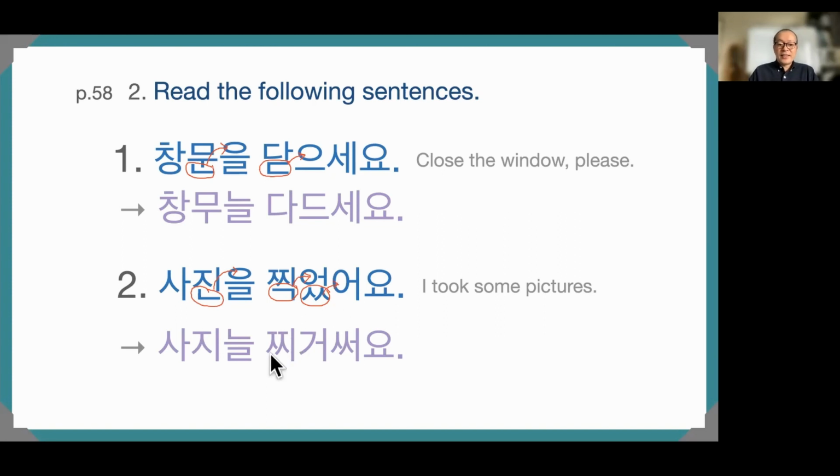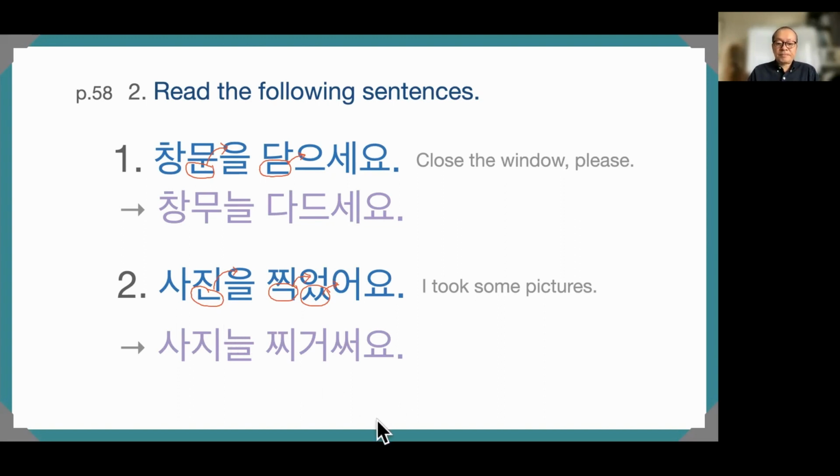So if you read this, 사진을 찍었어요. 사진을 찍었어요. At first, you can be confused and it looks complicated. But if you practice more and more in reading, you'll get used to it.